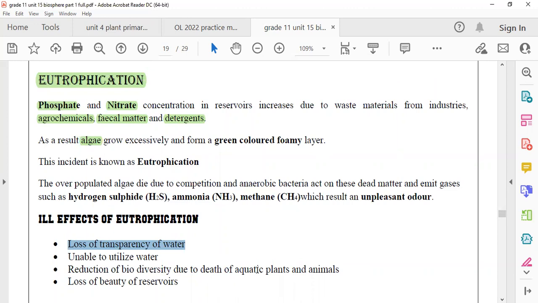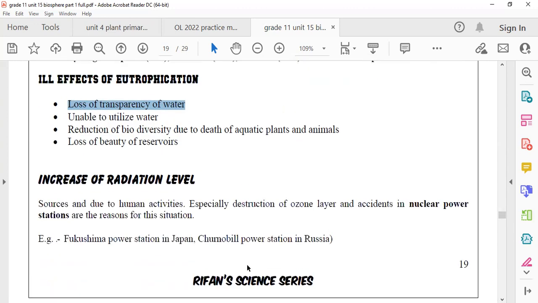Passing eutrophication, we are coming to the next heading, that is the increase in the radiation level. Radiation, my children: when you go to advanced level and study chemistry, you will learn more about radiation. Alpha rays, beta rays, gamma rays, many rays are there.